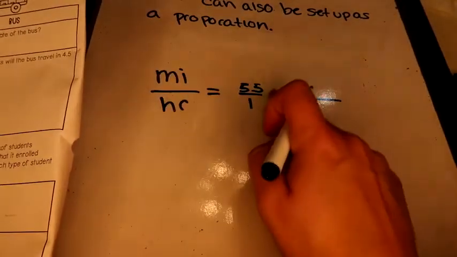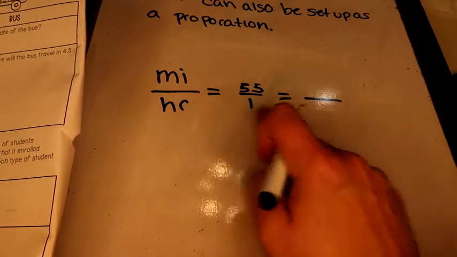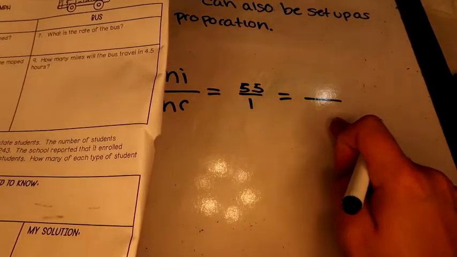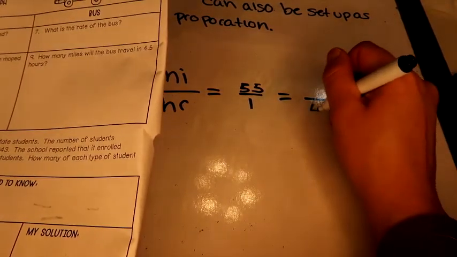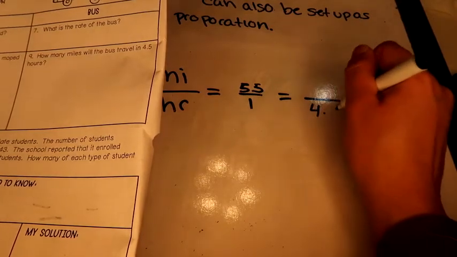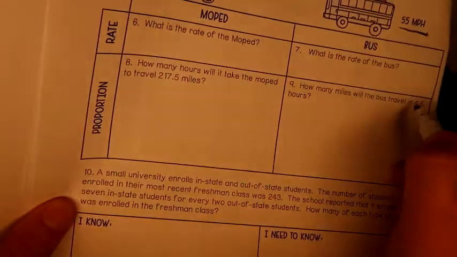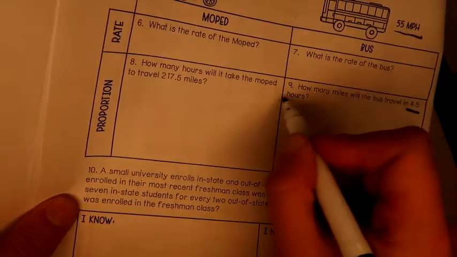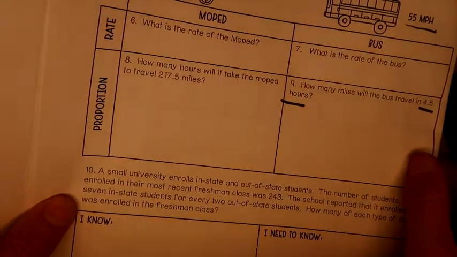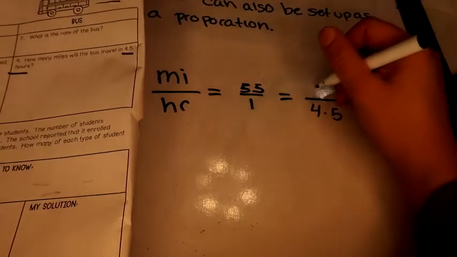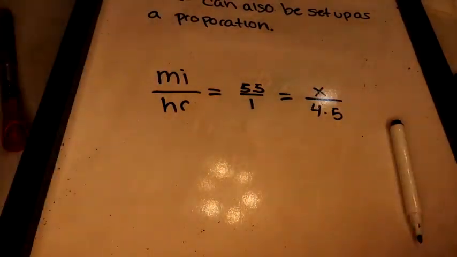So we know the bus is traveling at 55 miles per hour. So 55 miles for every 1 hour, and 4.5 hours. We don't know how many miles.